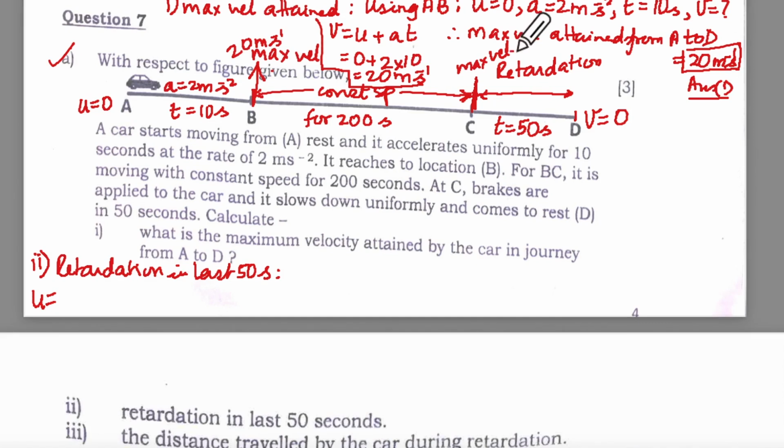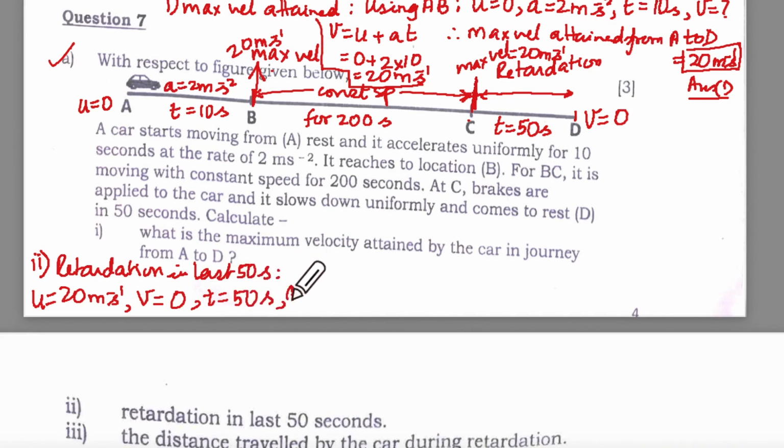And here also maximum velocity at C. Will you write over there 20 meter per second? Yes, ma'am. Wrote it? So U is equal to 20 meter per second, correct? And V is going to be 0, correct? And time is 50 seconds.